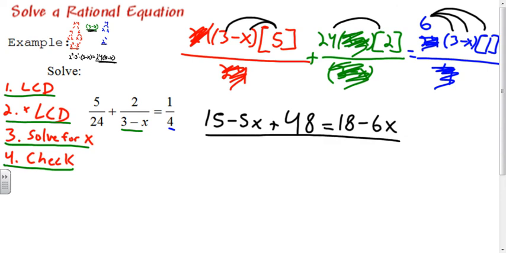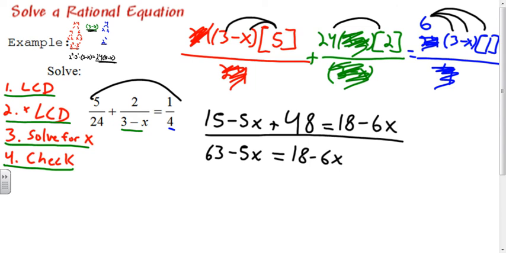Now this is the equation we're looking to solve, which is a lot cleaner than our original one. From here, we can combine our like terms. So we would say then 63 minus 5x equals 18 minus 6x.